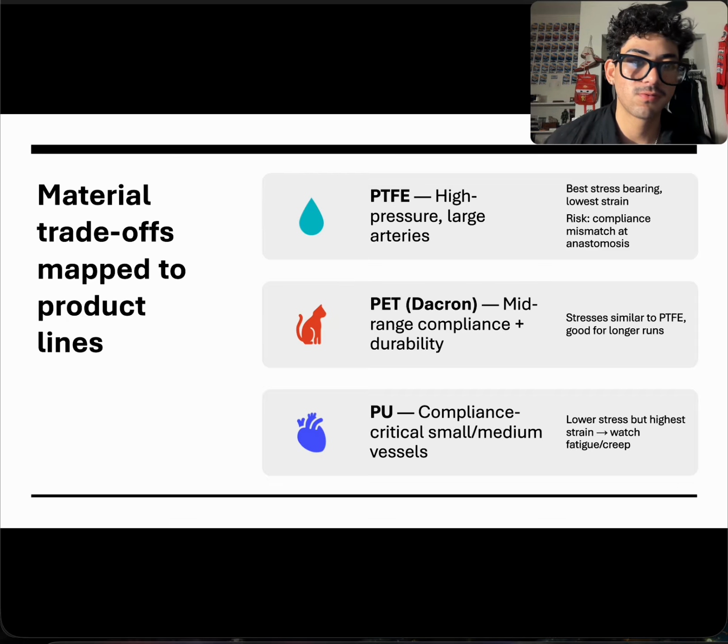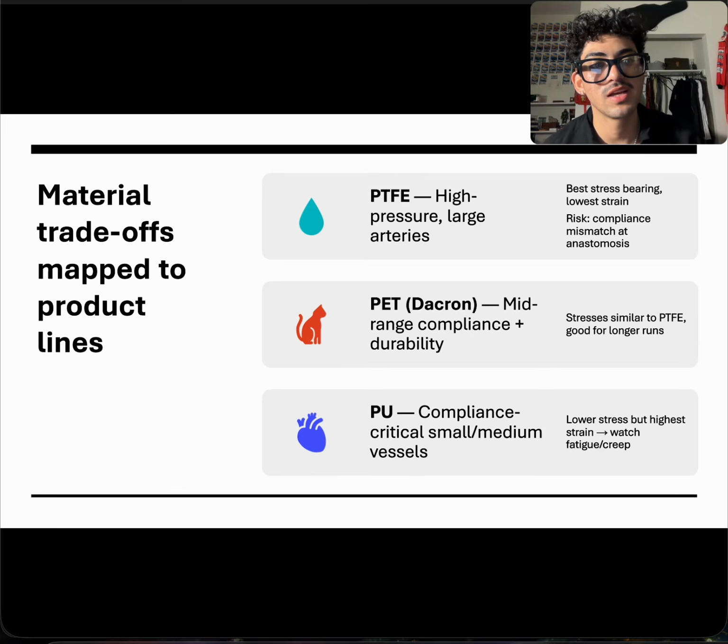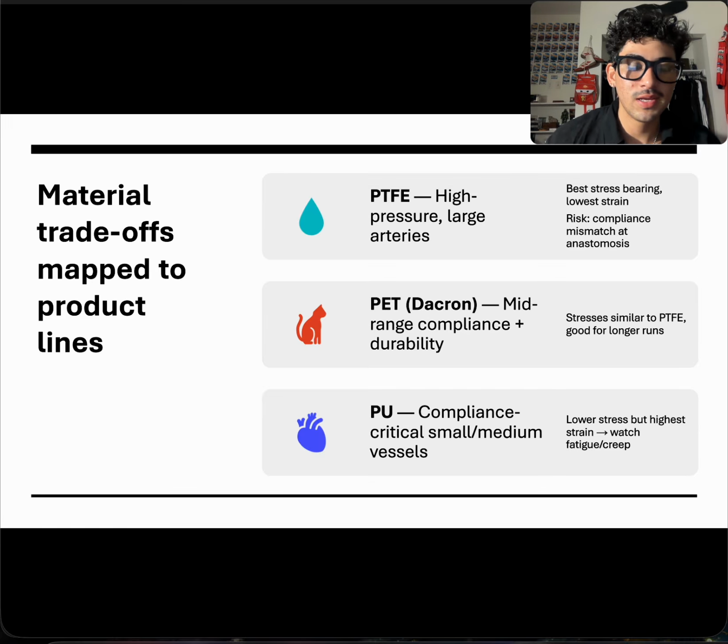PET stress performance tracked closely to PTFE, but its intermediate strain suggests a better compliance balance for longer segments where distributing load matters. Polyurethane showed slightly lower stress but much higher strain, which is useful for compliance matching in smaller or more flexible vessel regions, but it does raise concerns about creep or fatigue unless reinforced.